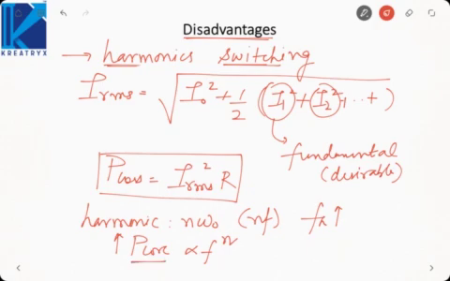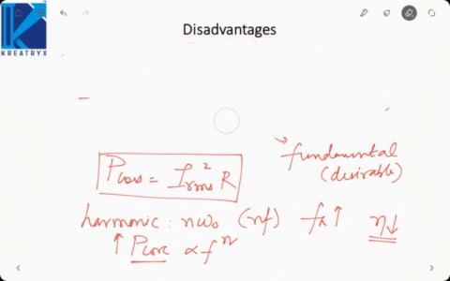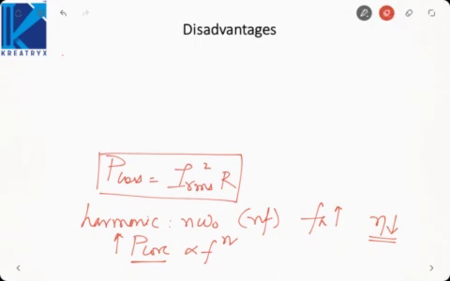So core losses will also increase, which reduces the efficiency of the system. Also the impact lies on the power factor. Now suppose I consider a power electronic converter as 100% efficient. That means whatever is the input power will be the same as the output power.